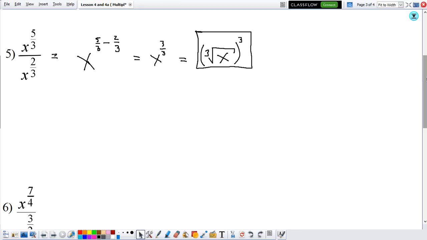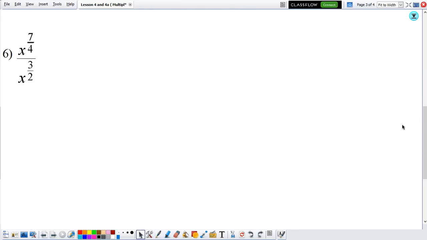So now let's look at our last example here, example 6. Same idea here. We're dividing, so we need to subtract the exponents. So now this means that we have x^(7/4 - 3/2). Notice that here we don't have the same denominator, so we need to make them have the same denominator.